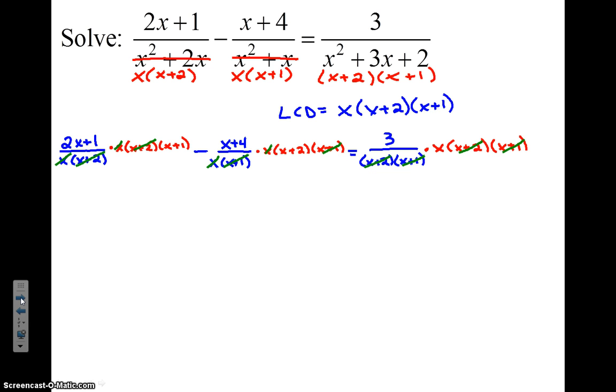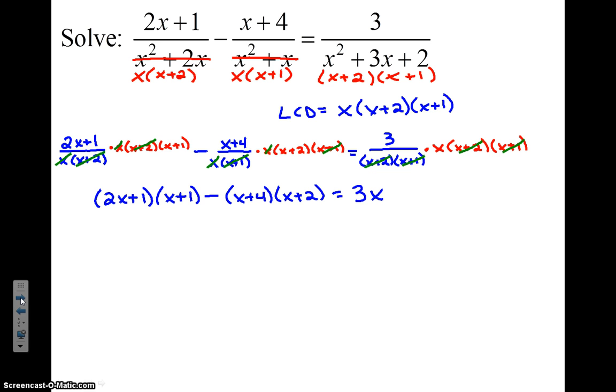So the equation I have left now is 2x plus 1 times x plus 1, minus x plus 4 times x plus 2, and that's equal to 3 times x.